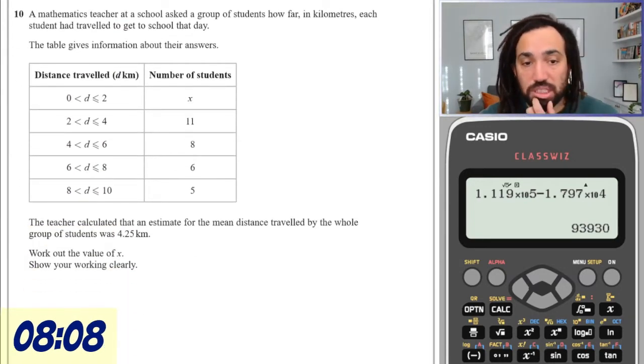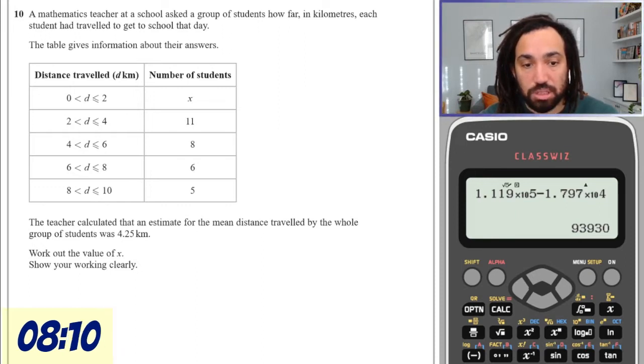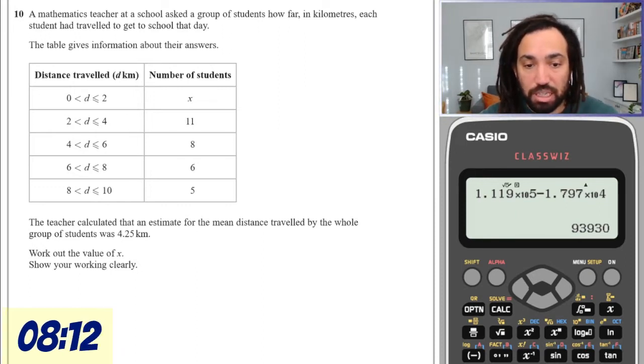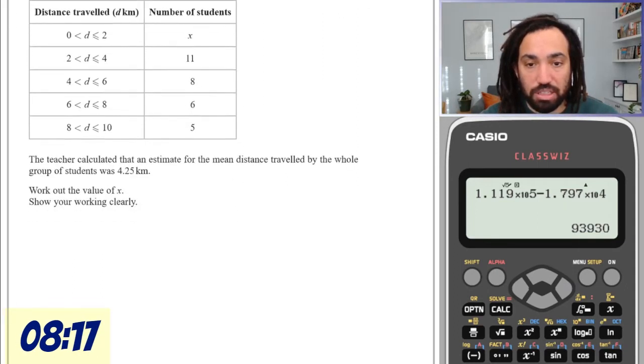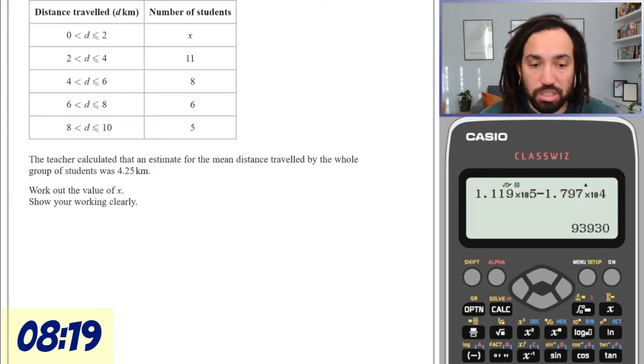We have a maths teacher, blah blah blah, kilometres, okay. Calculate the estimate for the mean travelled by the whole groups was this. Work out the value of x. Okay, so the mean was 4.25.